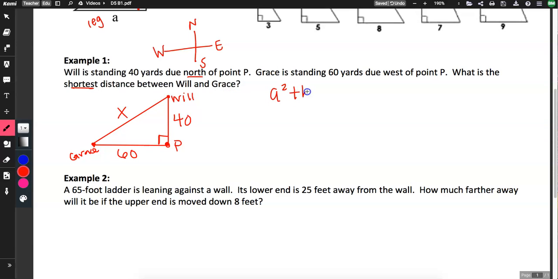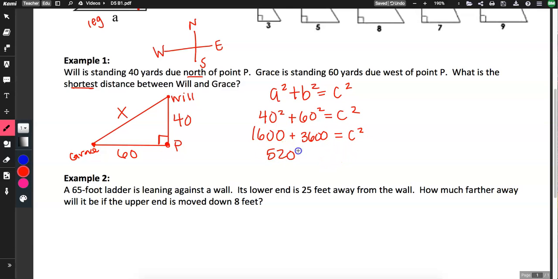A squared plus b squared equals c squared. Again, it doesn't really matter for A and B, usually people put the smaller one first, the smaller leg. Doesn't matter at all. 40 squared plus 60 squared equals c squared. 40 squared is 1600. I'm using my calculator to find that. 60 squared, 3600, or knowing 4 squared and 6 squared equals c squared.